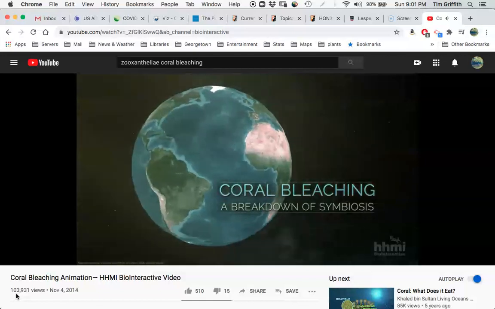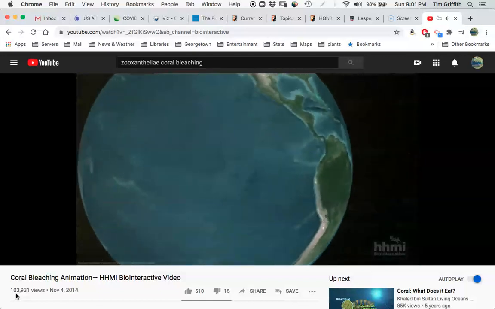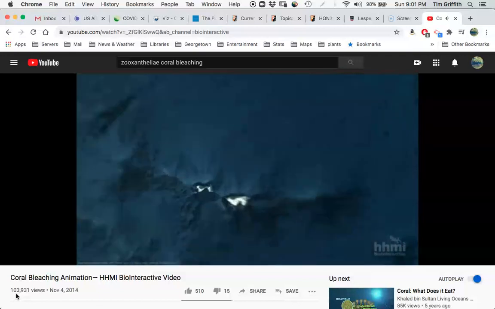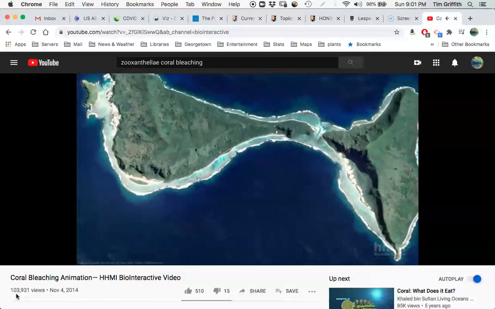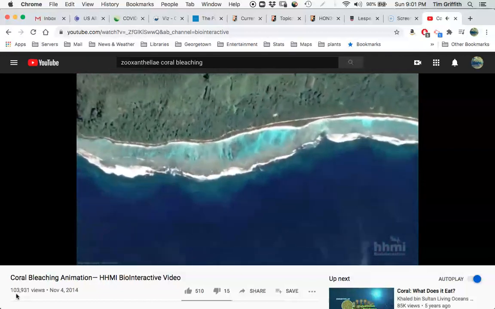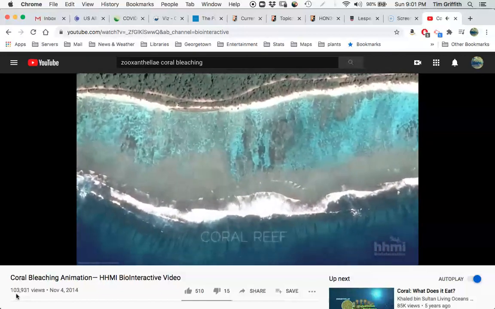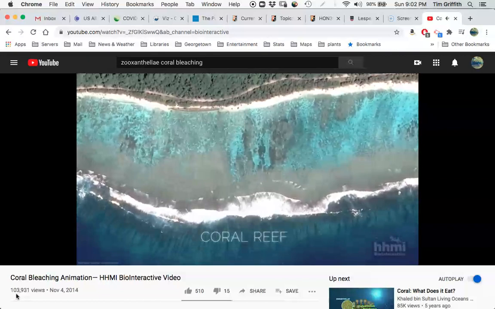Corals are small animals, but they build structures that you can actually see from space. As we zoom in, we see the reefs where I work, on a little island called Ofu in American Samoa. The ridge there, the edge, is the coral reef, and as we zoom in, we see what those reefs are. Now, the reefs are made of individual coral colonies, like we see now.